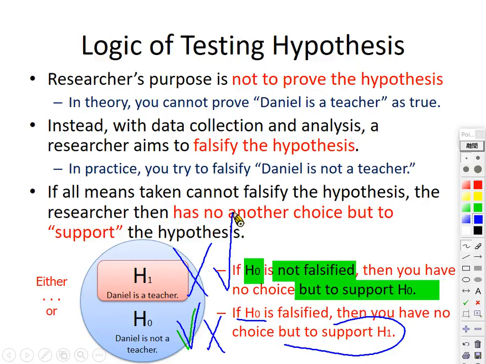The key idea here is that we have no way to prove something is true, but it is very easy for us to say something is wrong, right? And this characteristic helps us, because in reality, whenever we conduct research, we only have one time of effort to collect data.